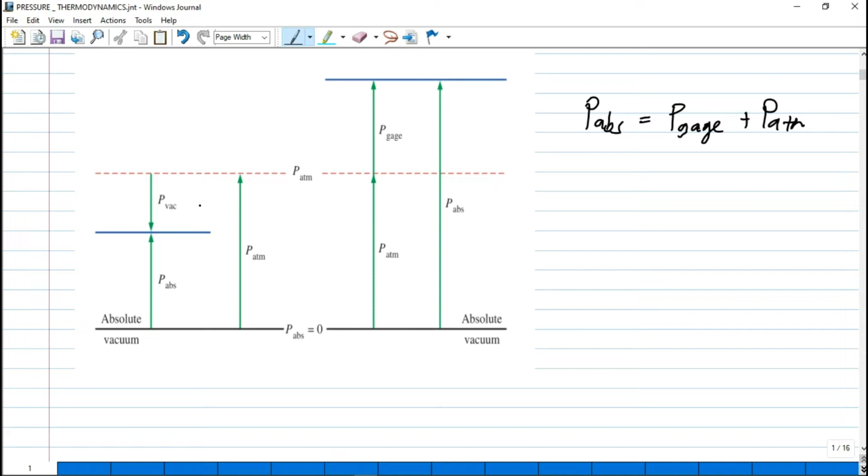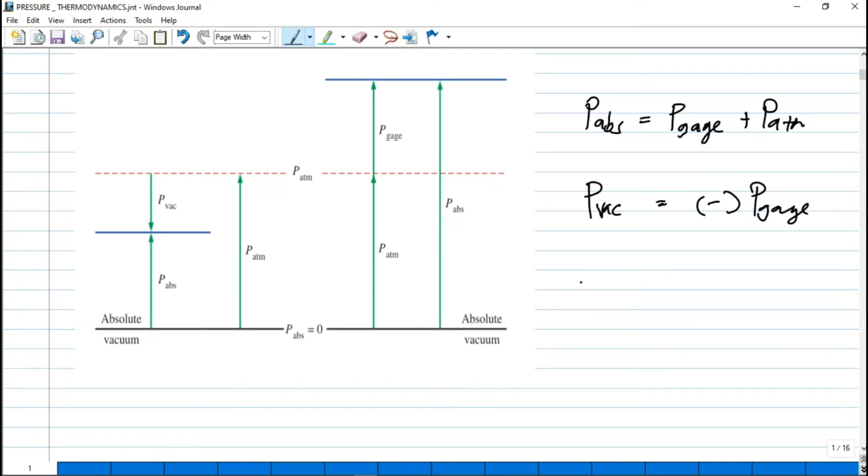So there is what you call, guys, a vacuum pressure. Let's focus on the left side figure. Vacuum pressure is just a negative gauge pressure. So when our gauge pressure becomes negative, it means it is a vacuum pressure. That happens if the atmospheric pressure is greater than the absolute pressure.